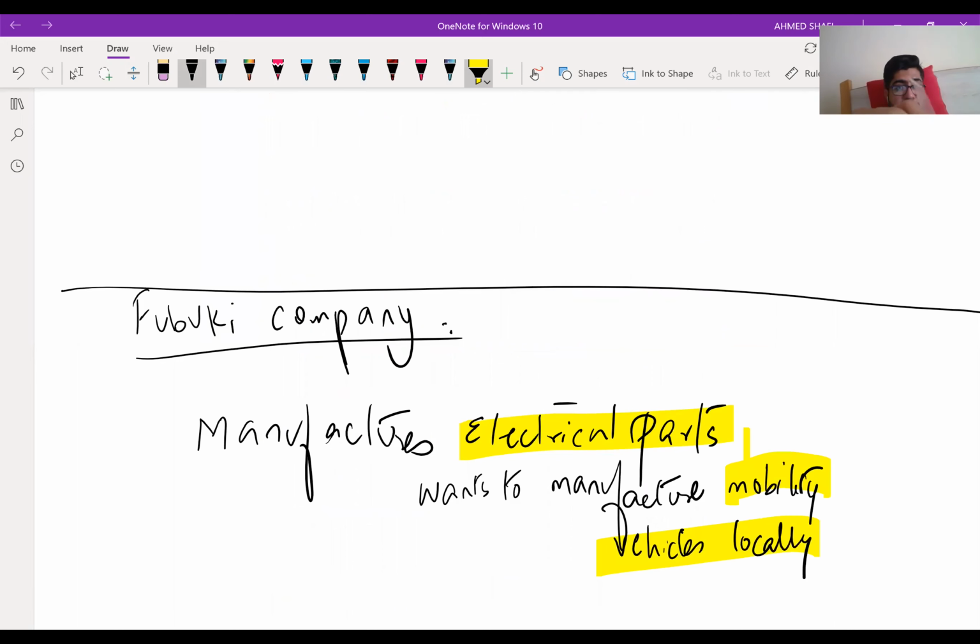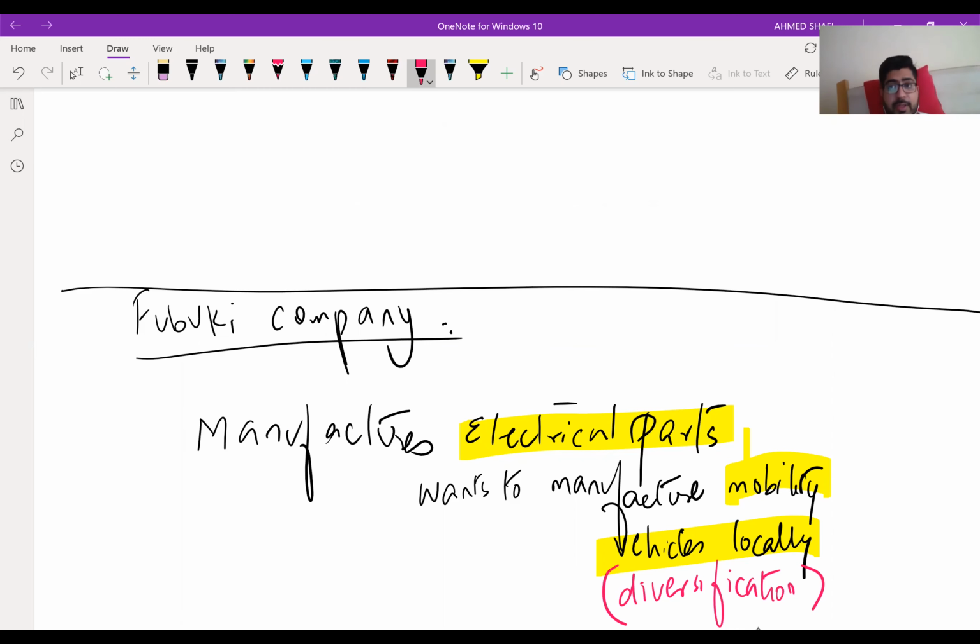The company is making parts, but wants to manufacture mobility vehicles. This is a case of diversification.